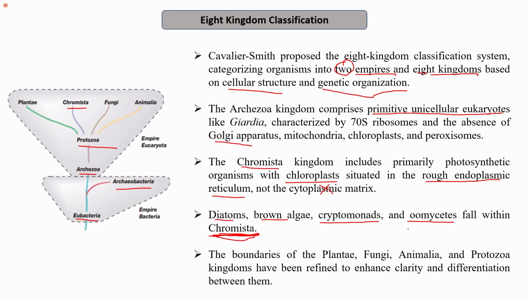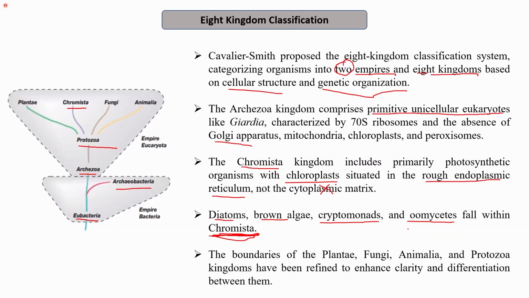Then the 5 kingdom classification, where prokaryotes were given a place by introducing the kingdom Monera. After the 5 kingdom, we have the 6 kingdom classification, and now we have the 8 kingdom classification as well. So this was about the different types of classification systems that have been proposed in biological sciences.